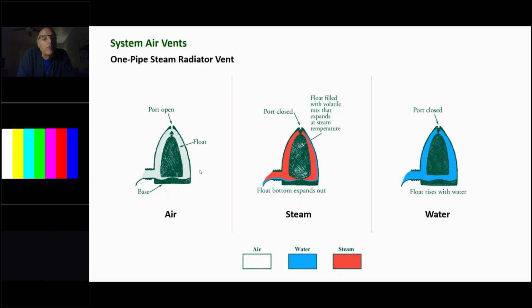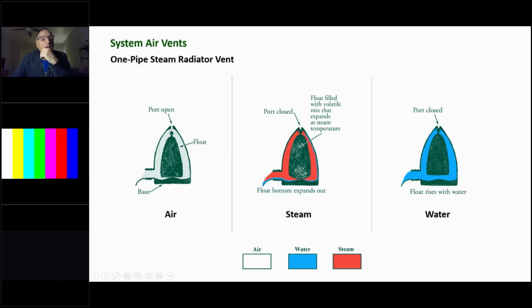It has a 1 through 5 number system on the top, and those numbers correlate to, in theory, temperature. So with that type of one pipe steam valve, you can somewhat help balance the system. If you have one room that's heating really hot, you would turn that valve down to a 1. And if you've got others that are cooler, you would turn those up to 5. And that would allow more or less air to come out of the vent.